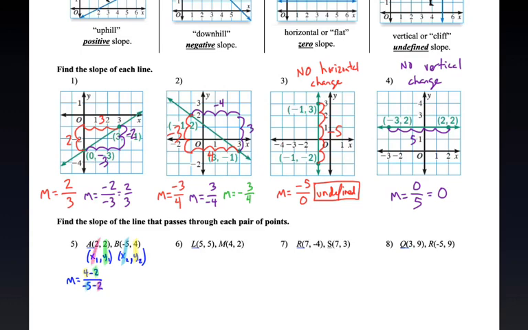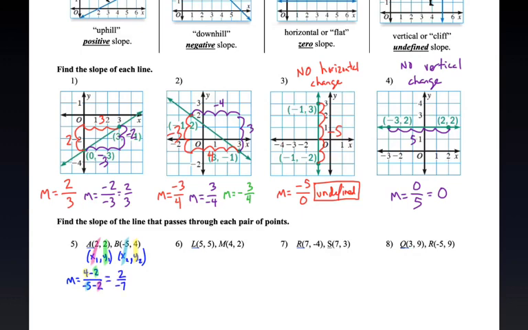I'm not going to color code all of these, but I could do that same pattern every time. So I'm going to do that one more time.